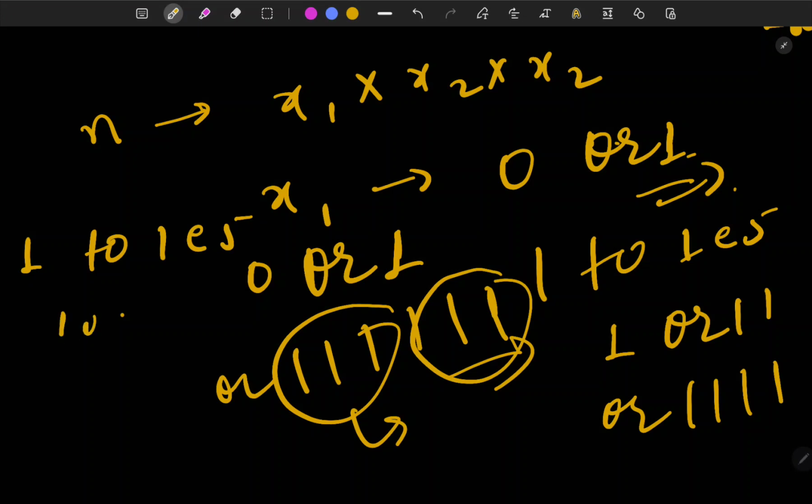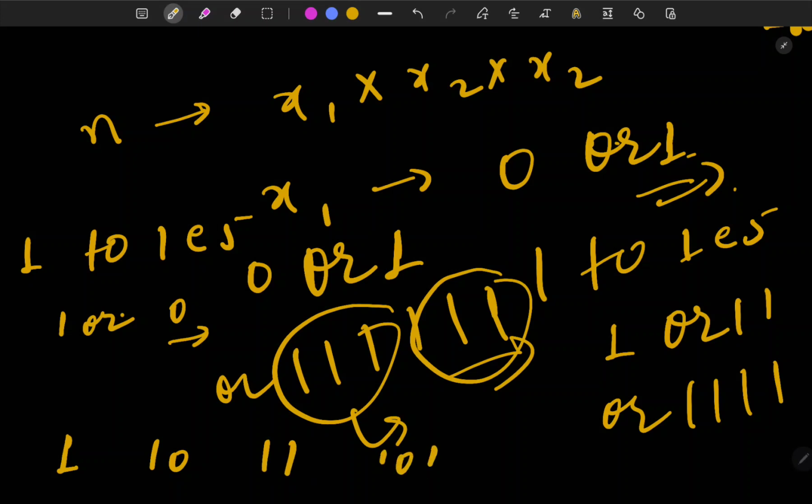So basically, I will take all the numbers from 1 to 10^5 which consist of 1 or 0. I will take 1, 10, 11, 100, 101, 110, 111, and so on.